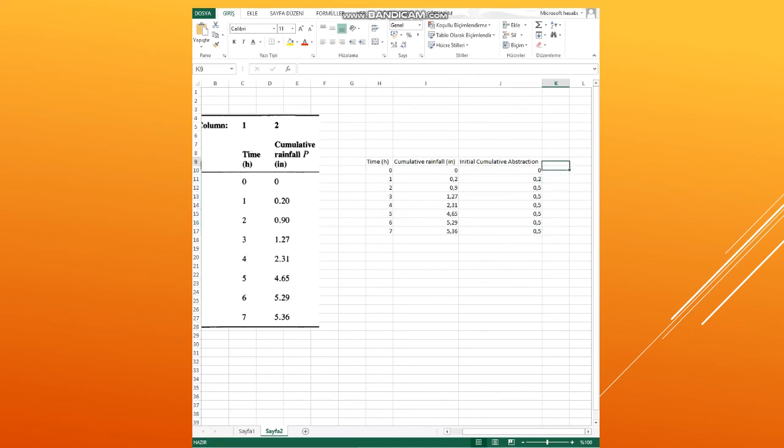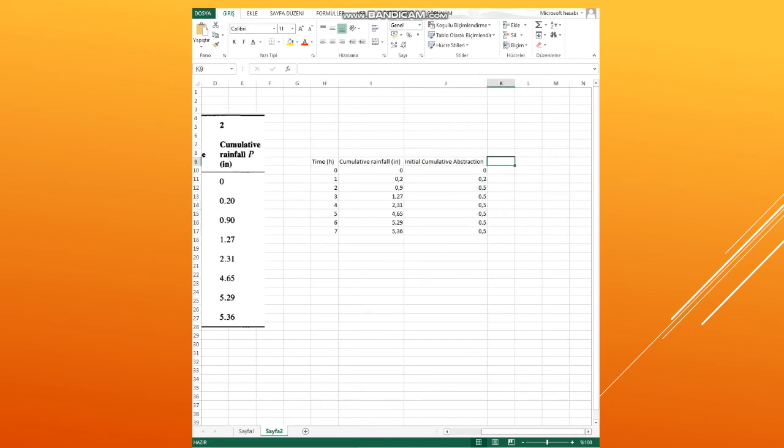Then the rest is gonna be 0.5 because the initial obstruction is satisfied, provided. So here retention depth, which is FA, we need to calculate the FA. So it is this guy minus this guy, right? So it's gonna be cumulative rainfall minus initial obstruction is gonna give us the retention depth.